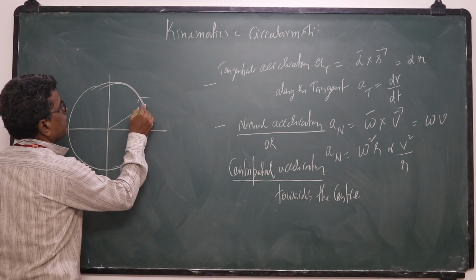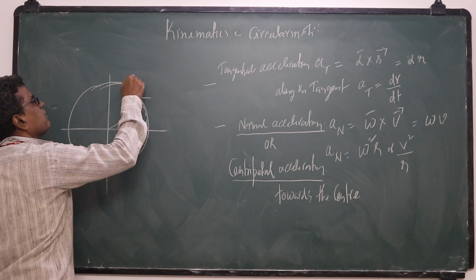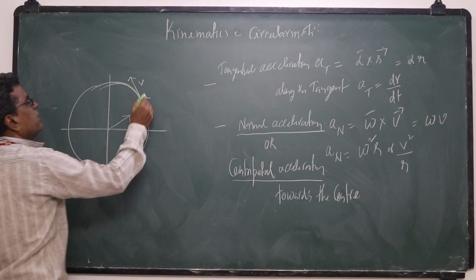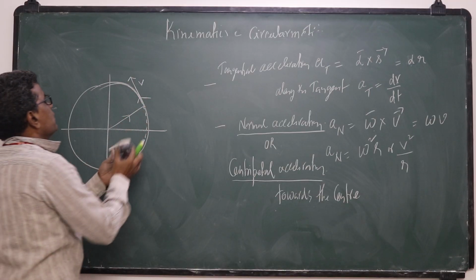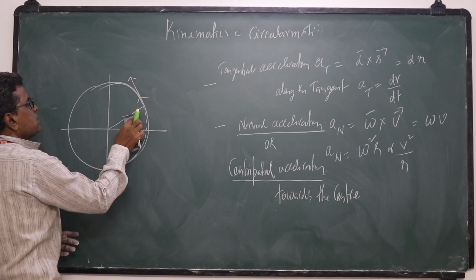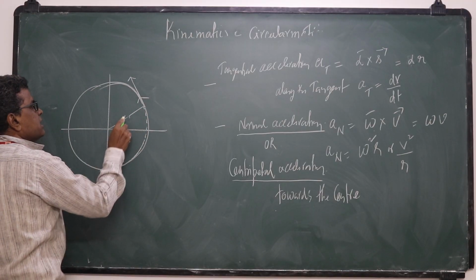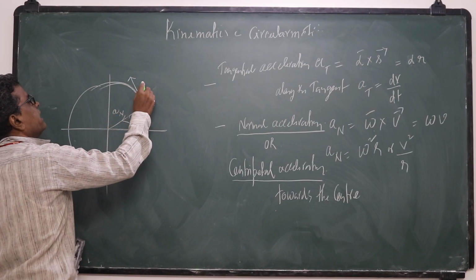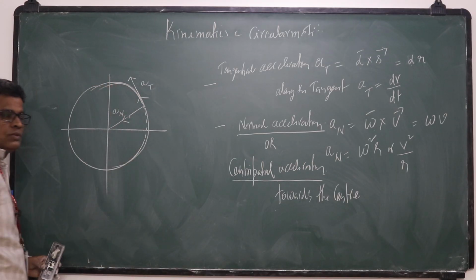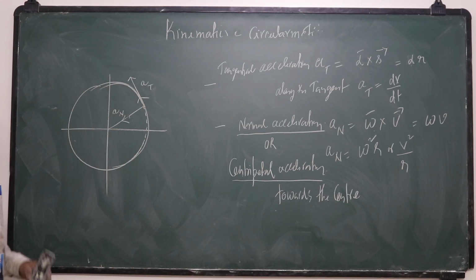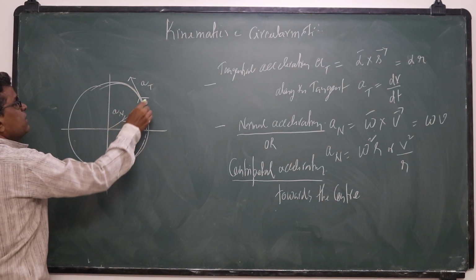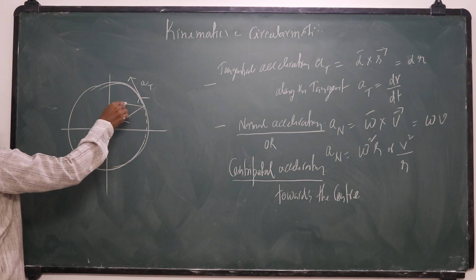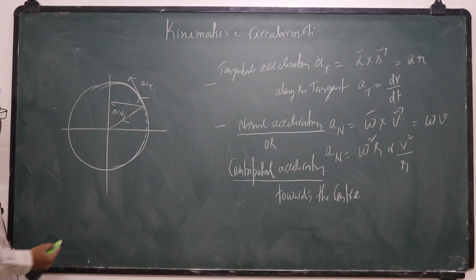This is the radius vector, and this is the velocity vector. As the velocity changes, the acceleration has two components. The first component is towards the center, AN. The second one is the tangential component, AT, along the tangent. The acceleration is the resultant of these two, so it will not always be towards the center. It may be like this, according to the parallelogram law.